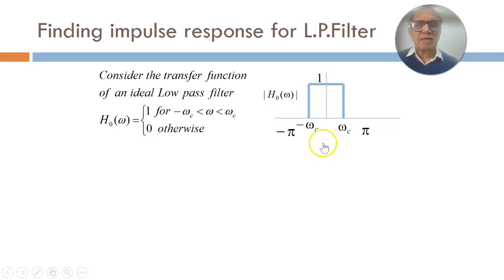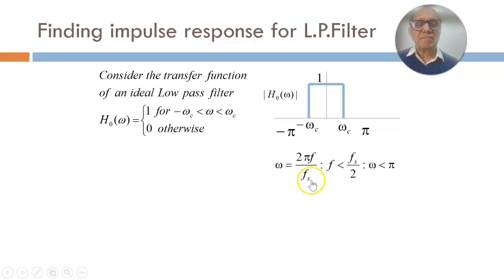Now we have said that we are plotting omega on the x-axis. So what is this omega? This is the digital angular frequency, and we have already studied that it is given by 2 pi f divided by fs, or 2 pi k divided by N. You will recall that is what we had studied.